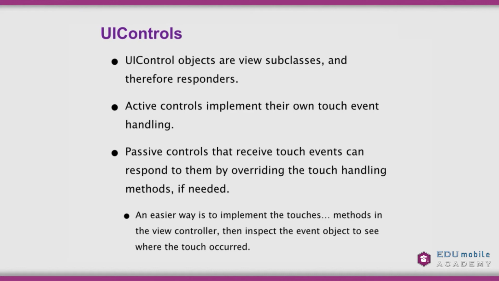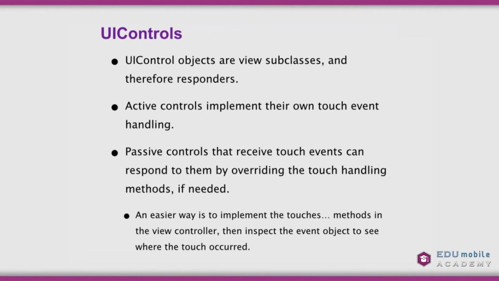But where this really comes into focus is with passive controls. Passive controls are UIControls, and they are subclasses of UIView, and hence subclasses of UIResponder. They receive touch events. They may just throw them away, but they can respond to them by overriding the touch handling methods if we need to. In other words, we could subclass, let's say, UILabel, to override these touch handling methods and do things with those touches if we needed a responsive UILabel, so to speak.